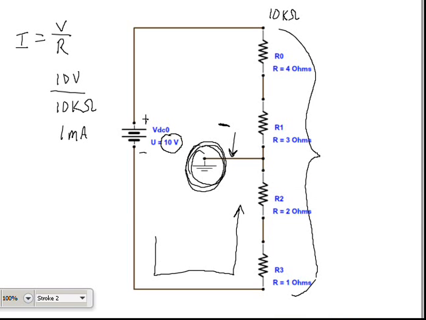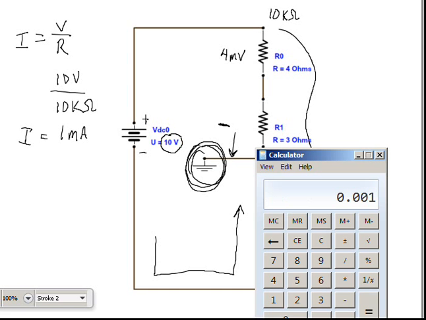Okay, so my total current through the circuit is 1 milliamp. So now I can figure out each of my voltage drops. 1 milliamp times 4 ohms, that's going to be 4 millivolts. Let's check that out.